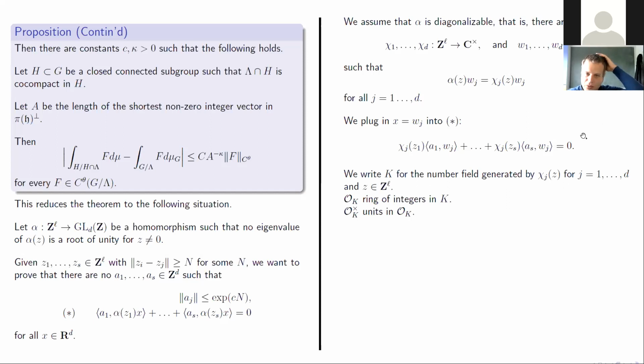So for this I need to talk a little bit about number theory. I will have a number field, capital K, which is the number field generated by chi_j(z) for all z in Z^L. So what is this chi_j(z)? These will be the eigenvalues of some matrix in GL_D(Z).